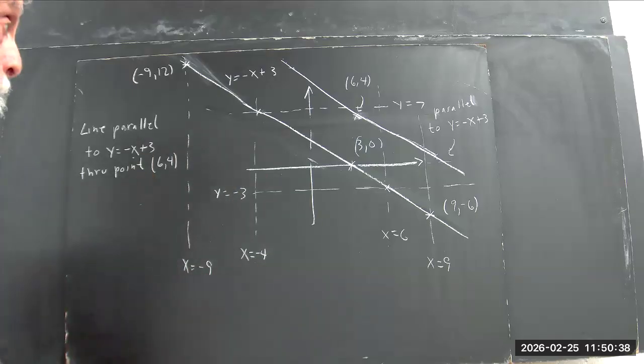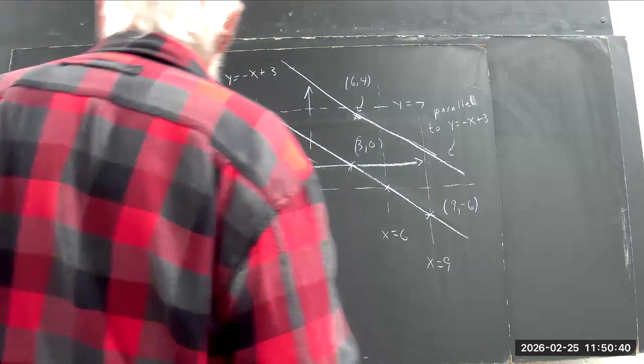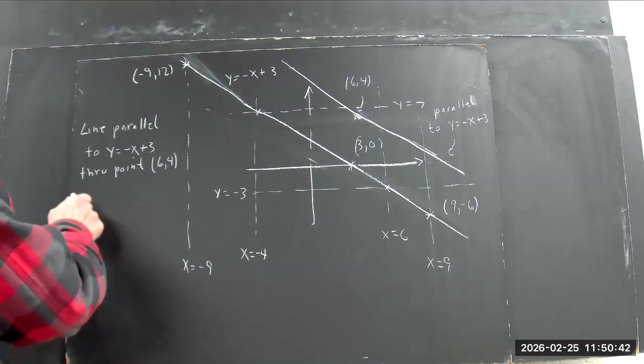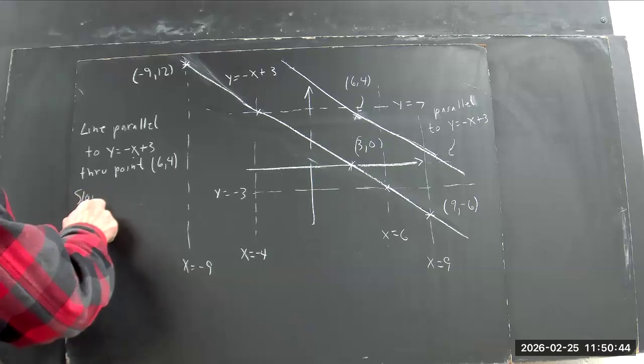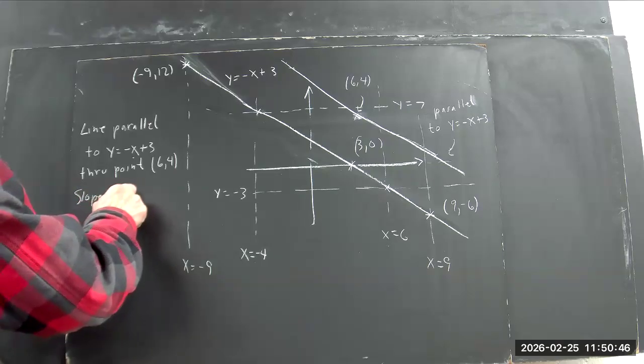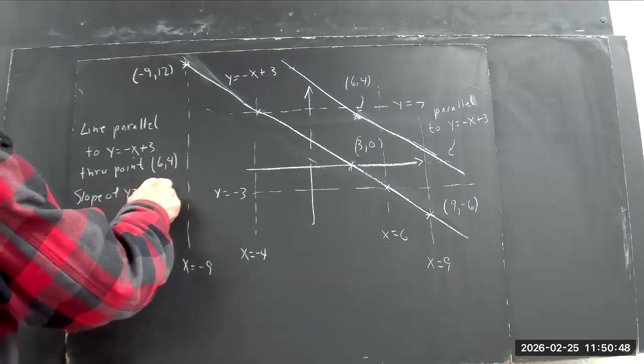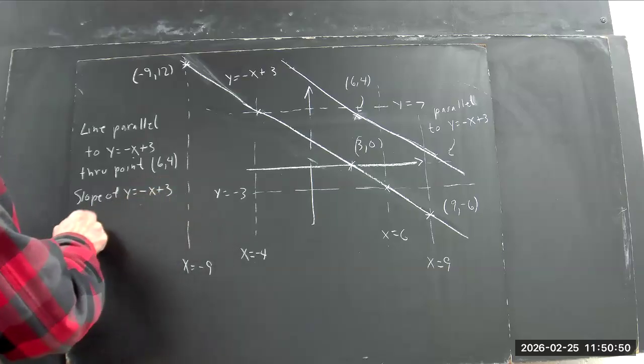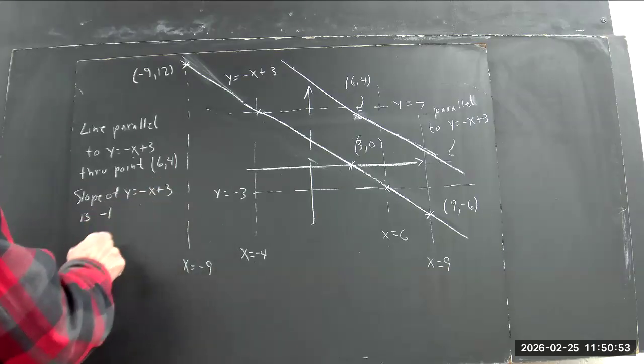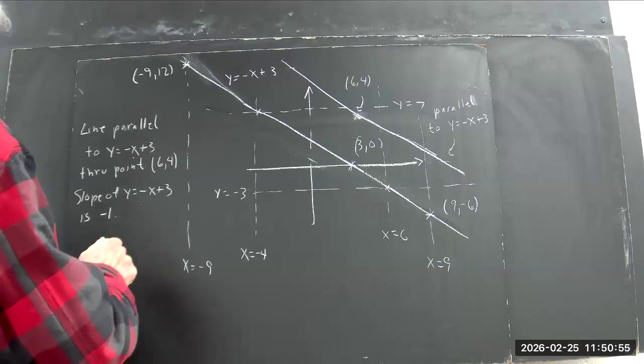So the slope of y equals negative x plus 3 is negative 1.